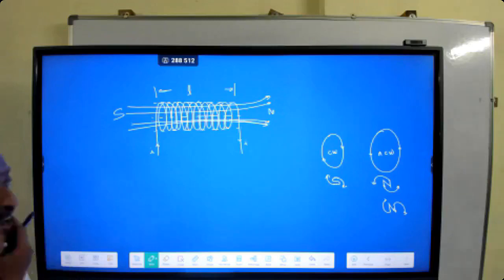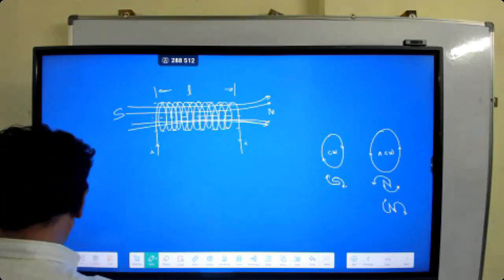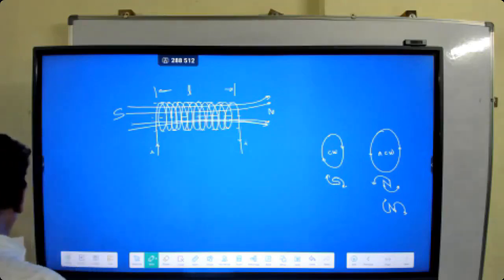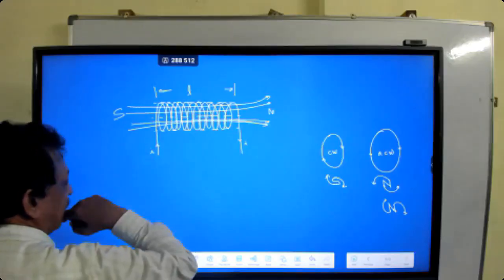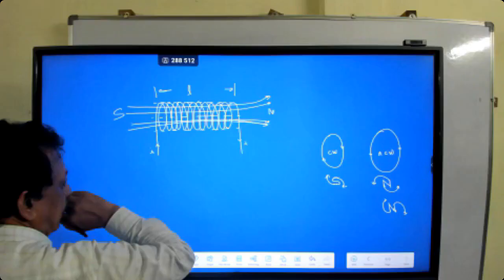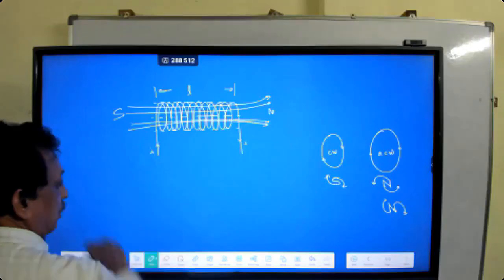Solenoid. But I want to find out what the magnetic field inside is. Now let us take the length of the conductor, and N as the number of turns.